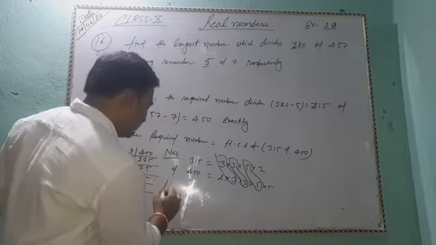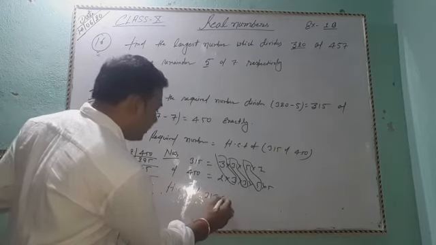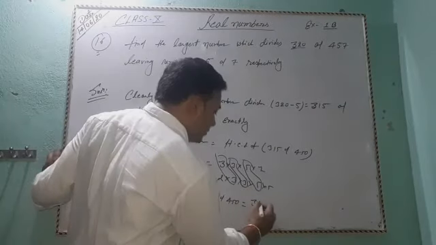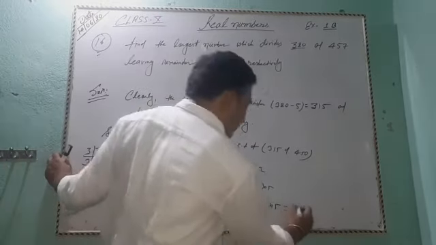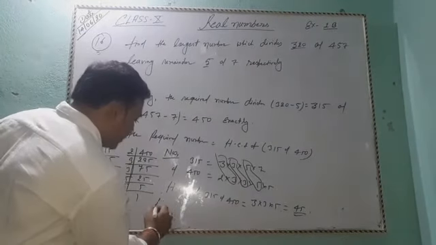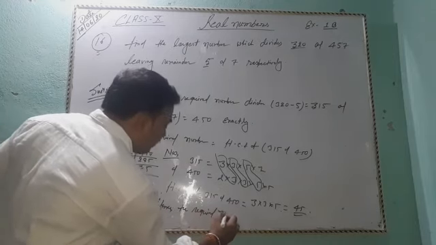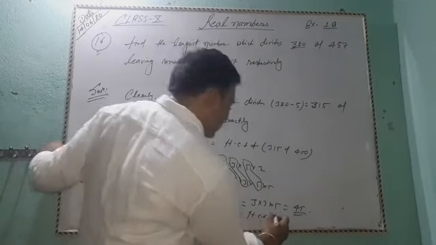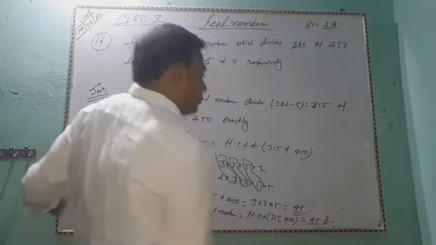Hence the HCF of 315 and 450 equals 3 multiplied by 3 multiplied by 5, 3 3s are 9, and 9 5s are 45. So the required number equals the HCF of 315 and 450, which is 45. Okay, thank you.